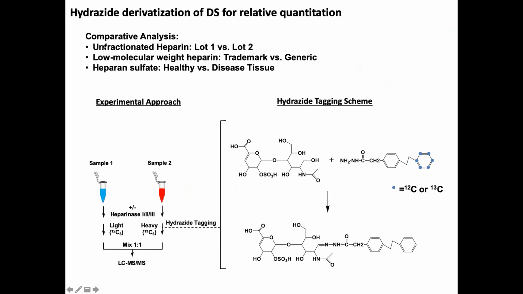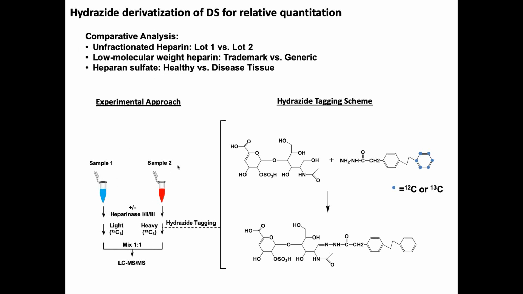If you take, for example, for comparative analysis, unfractionated heparan sulfate that you've extracted from a cell surface or from a tissue, you then get it from tissue 1 versus tissue 2, or cell line 1 versus cell line 2, treatment 1, treatment 2, whatever the experiment is, you have what you hope is equivalent numbers of cells, or equivalent total protein, something that gives you that normalization like you expect in a Western blot for GAPDH.